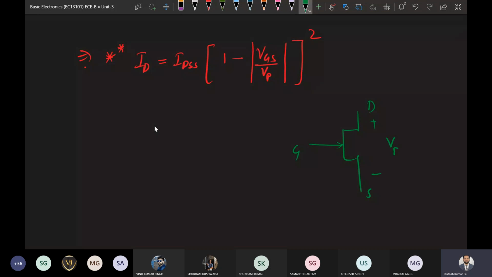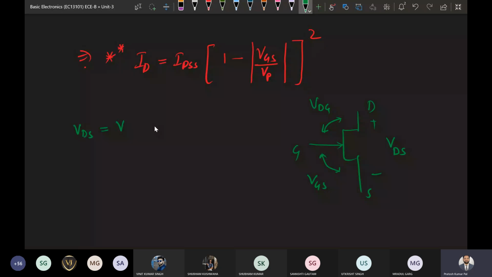So this voltage is VDS, this voltage is VGS, and this voltage is VDG. So the different voltages of the JFET are defined.